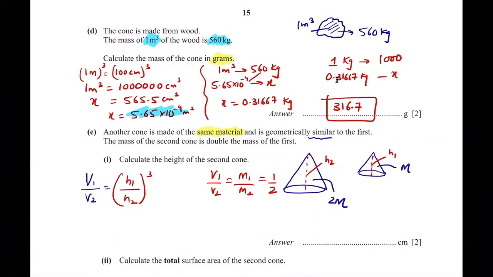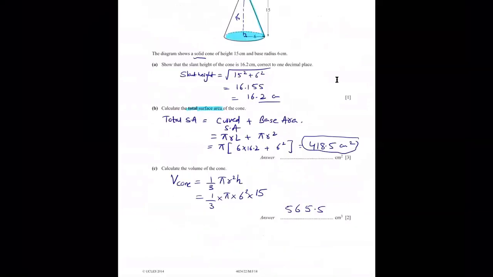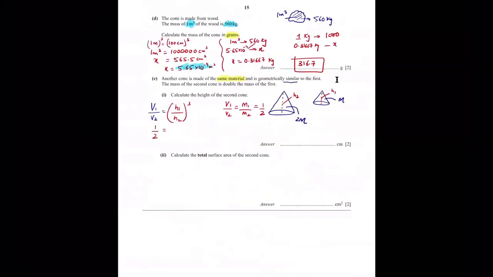So if the ratio of the volume is 1:2, I'm going to write 1:2 over here. What was the height of the first cone? Let us go back to the previous slide. What was the vertical height of the first? 15. The vertical height was 15.